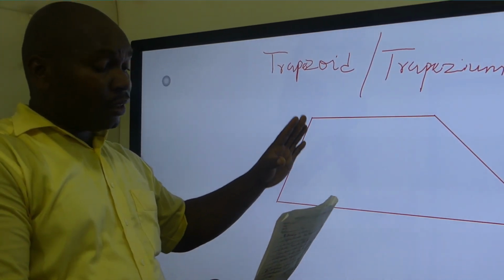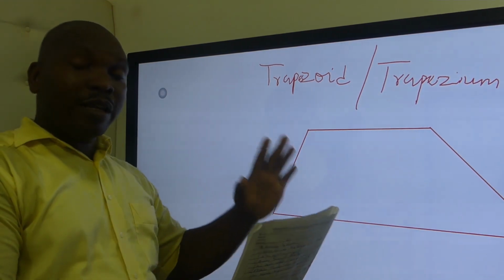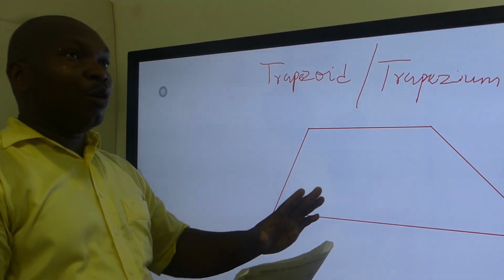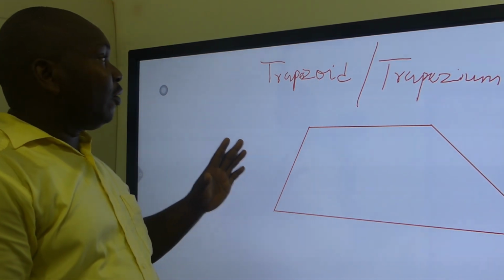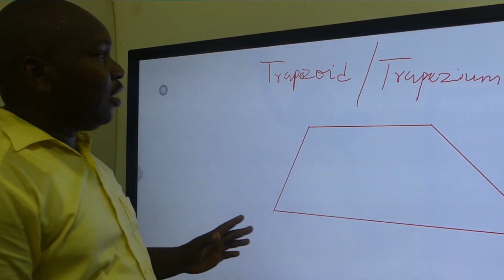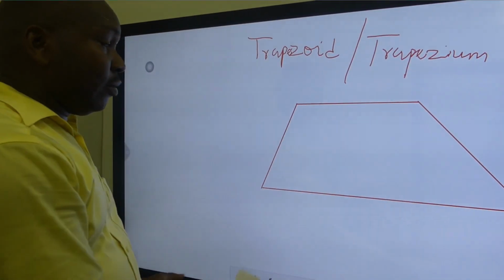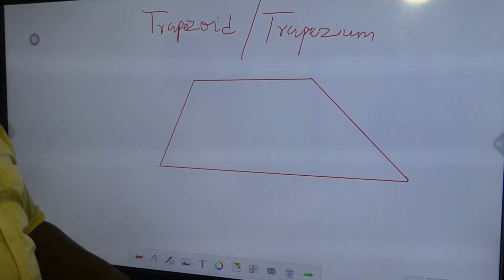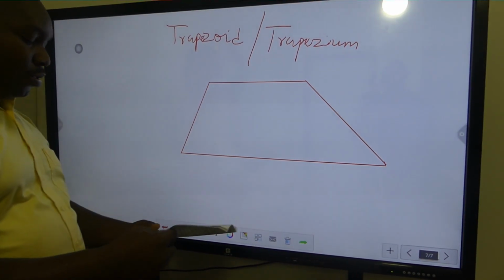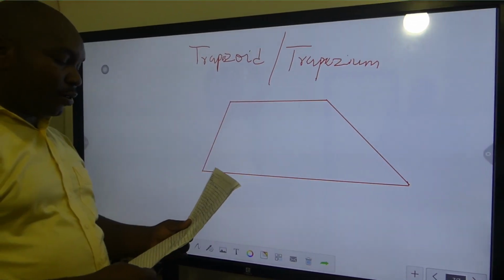I want you to look at geometric figures or shapes found in our environment. So when you look around your home, you will see even your television, or in this board we are now, you know the shape of this board, the plate you use to eat, your bucket, and so on. You can tell us the shapes you are seeing around.